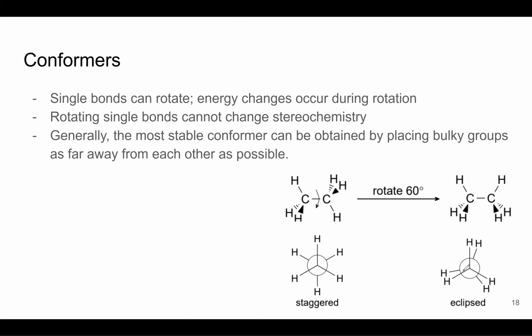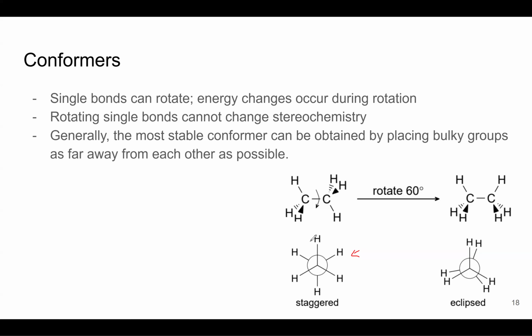When they overlap, this is typically very high in energy because electron groups repel each other. A staggered conformation, where the groups are as far away from each other as possible, is more stable and of lower energy. So usually your molecules will exist in the staggered conformation.